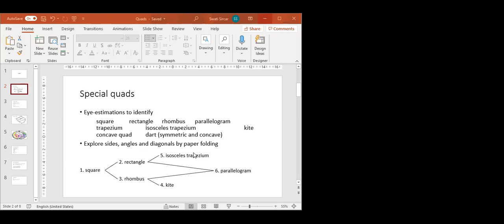So let's say you have a parallelogram ABCD, and you have another parallelogram congruent to the first one, let's say PQRS. Now, AB equal to PQ. So you put AB and PQ together, you show that they are overlapping exactly, so they are equal. Now you put CD and PQ together, and you show that CD is also equal to PQ.